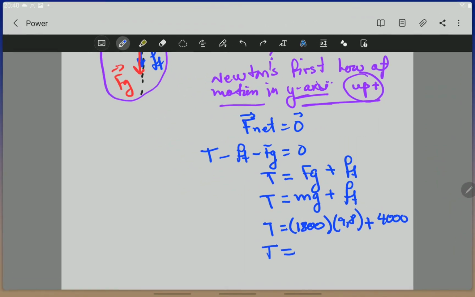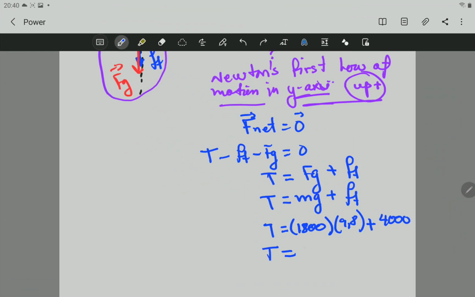That is 21,640 Newton. That is the tension force, or the force that the motor exerts on the elevator.